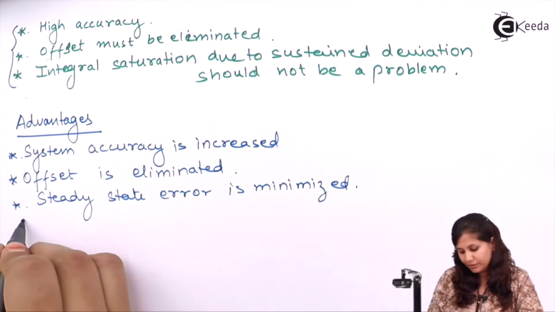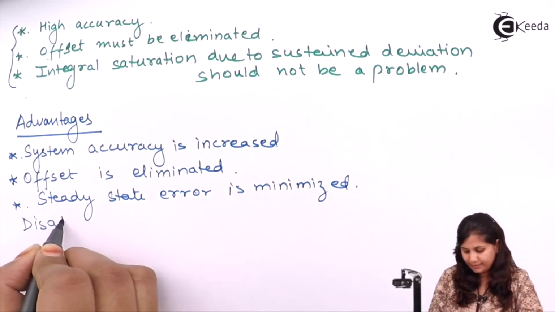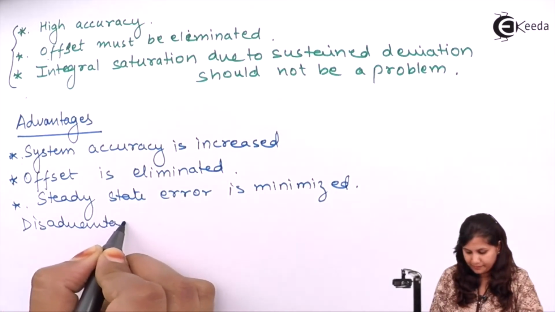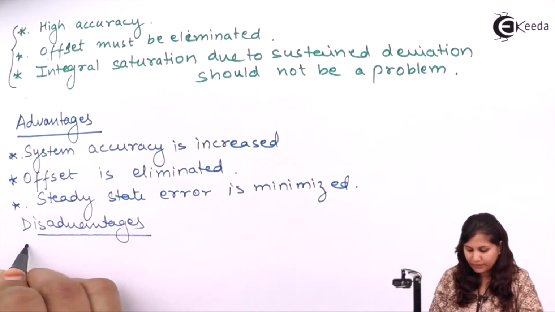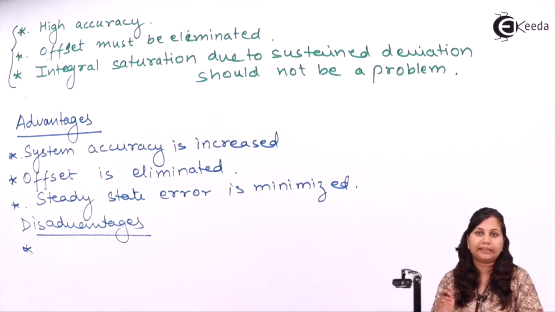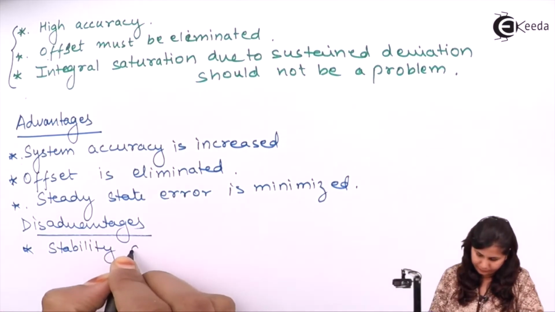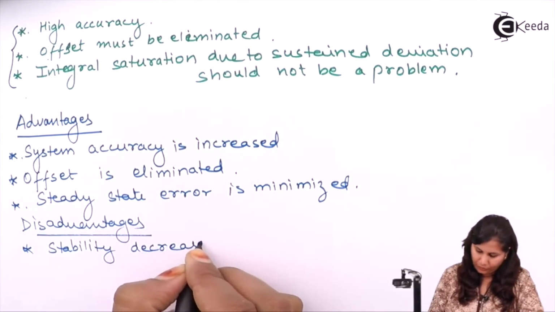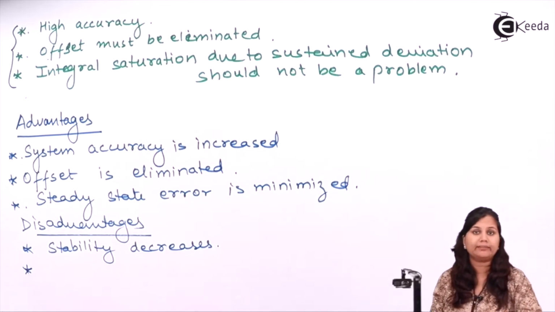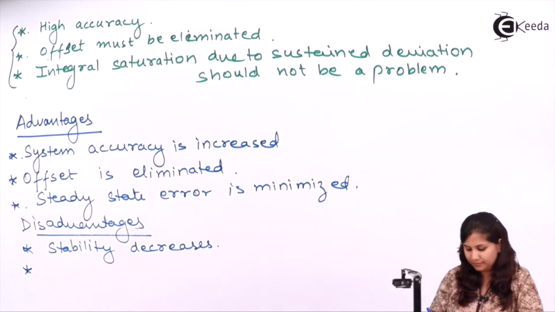Now, disadvantages of PI controller is that as the order of the system increases, the stability decreases. Also, there is no improvement in the transient response of the system.